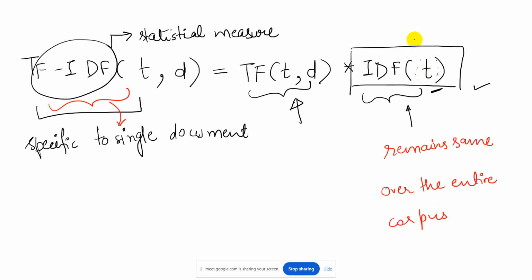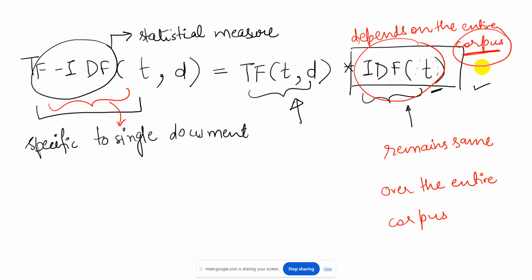So in a sense, you could say IDF depends on the corpus and not on a particular document. But this TF term depends upon the count of the term within a document.